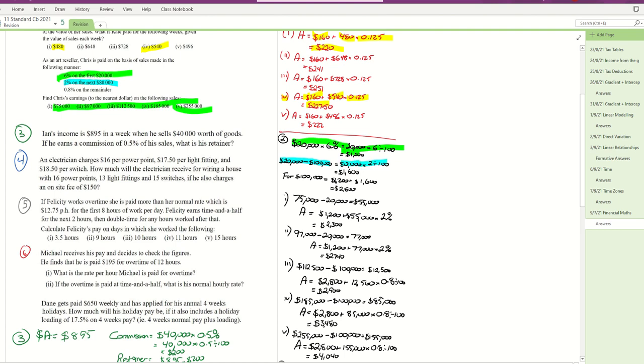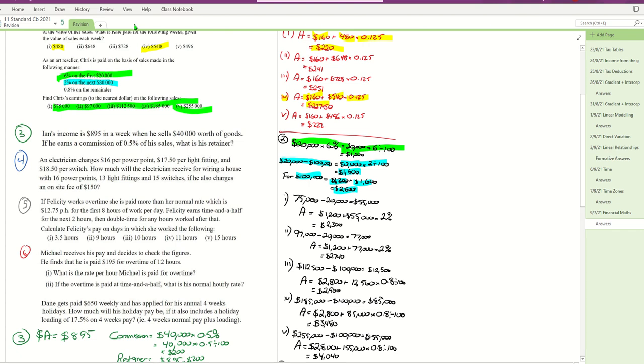That's times 2 divided by 100, which is $1,600. So for $100,000 worth of sales, he's going to be paid those two amounts together, $2,800. I'm going to use that each time I get over $100,000, as my amount of money on the first 100,000, and calculate what's over the top of that.